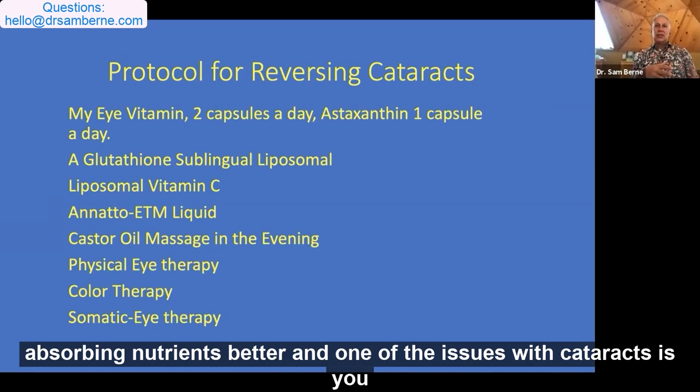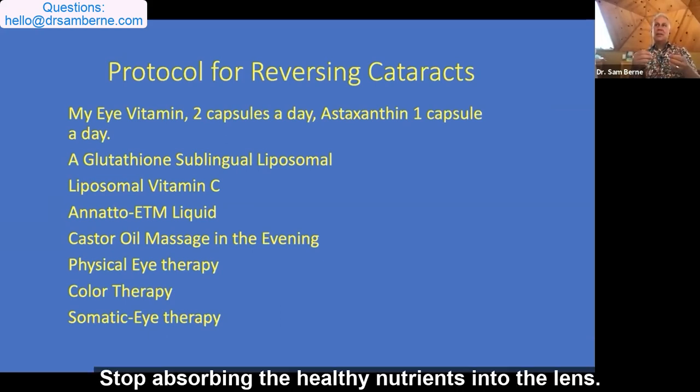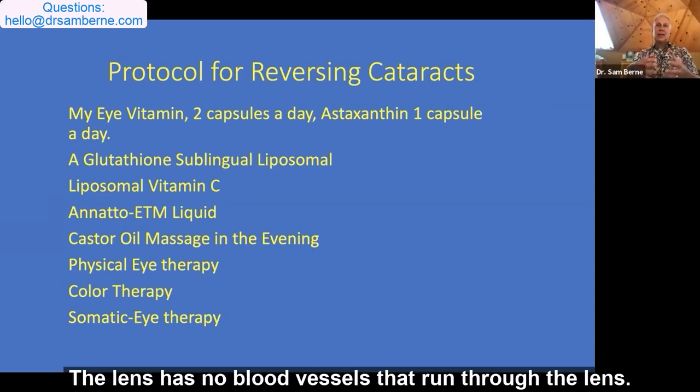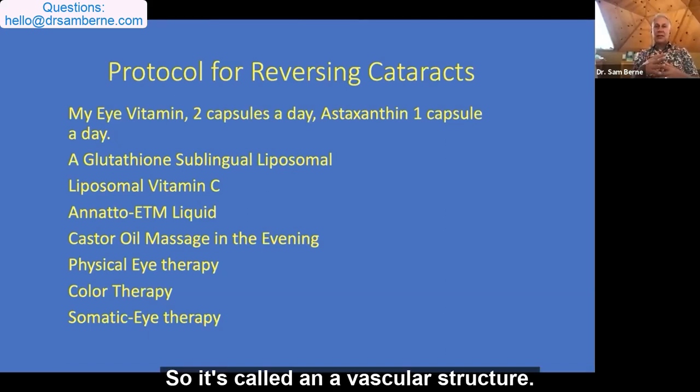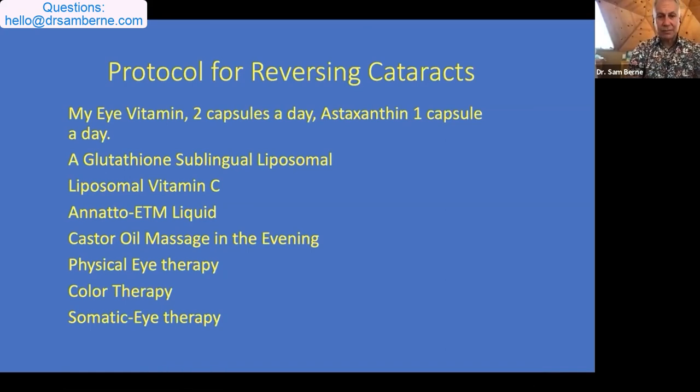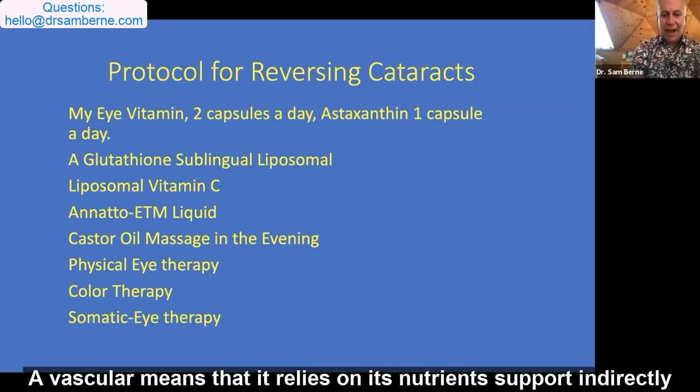And one of the issues with cataracts is you stop absorbing the healthy nutrients into the lens. The lens has no blood vessels that run through it, so it's called an avascular structure. Avascular means that it relies on its nutrient support indirectly.